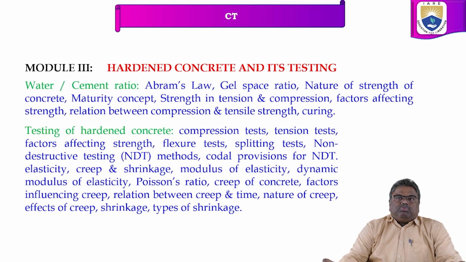What are the different codal provisions provided for the non-destructive tests? What is the elasticity of the concrete, the creep and shrinkage of the concrete, how to calculate the creep, the shrinkage properties of the concrete, what is the modulus of elasticity, how to find the modulus of elasticity of the concrete, dynamic modulus of elasticity, and Poisson's ratio of the concrete, and factors influencing the creep, the relation between creep and time, nature of creep, effect of creep, shrinkage, and types of shrinkage.